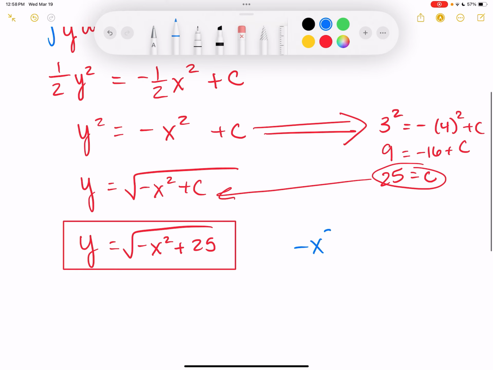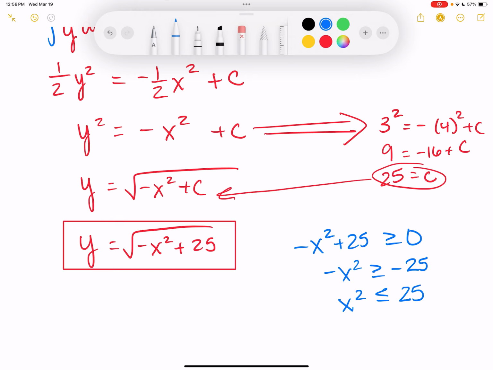So negative x squared plus 25 is greater than or equal to 0. Negative x squared is greater than or equal to negative 25. What happens when I divide by a negative? Flip the sign. Take the square root. x is less than or equal to plus or minus 5.